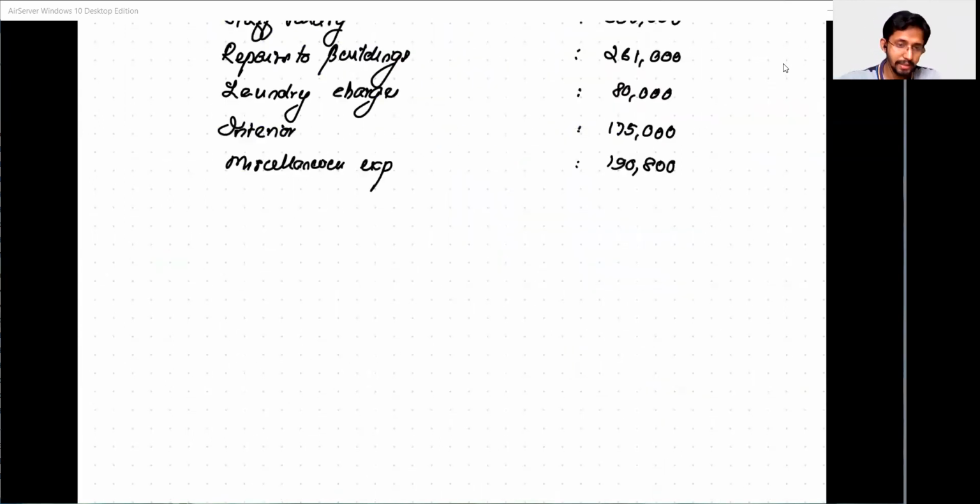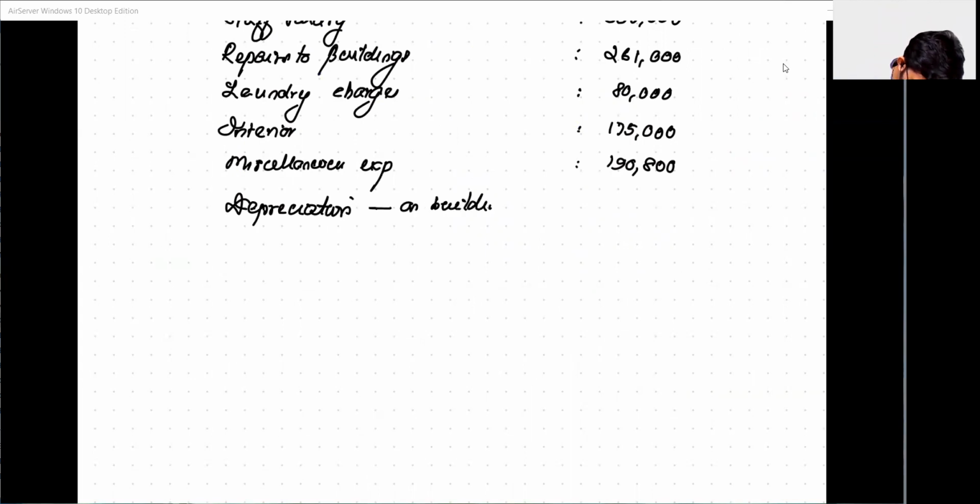So the depreciation on building: 200 into 80% into 5%. So that will be 8 lakh.